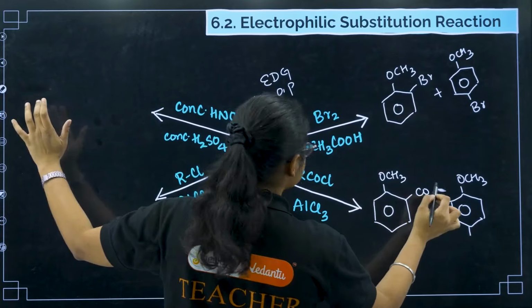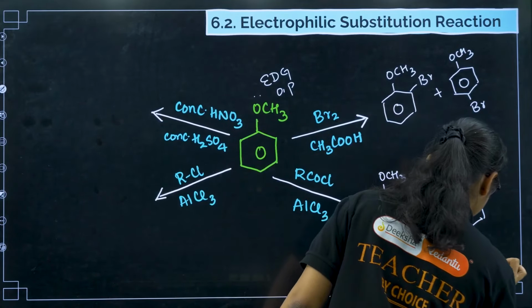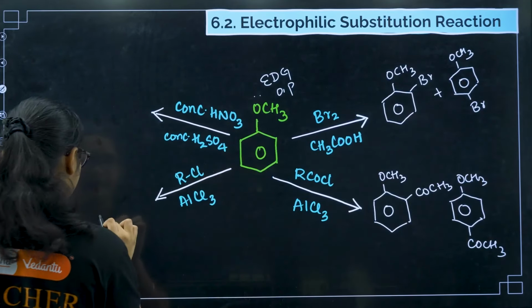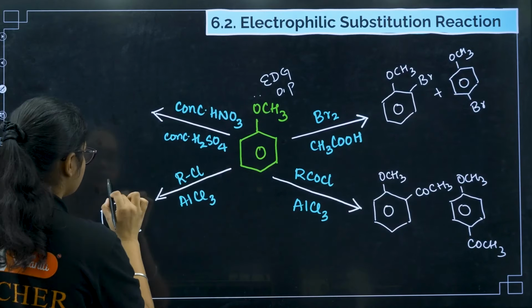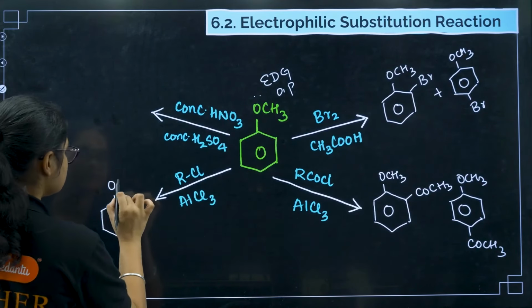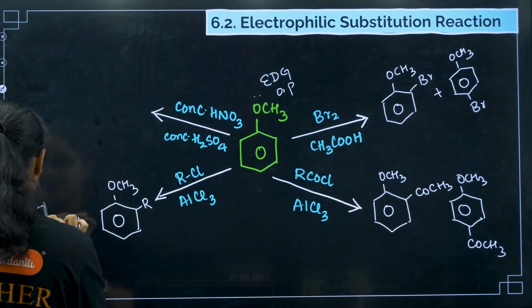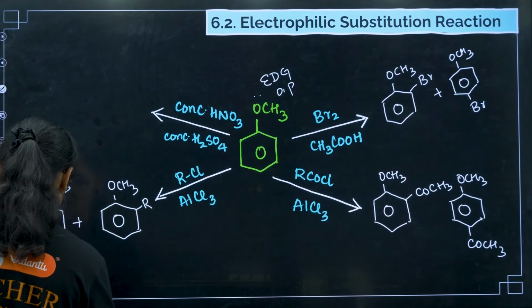You will get COCH3 here, and here also I have COCH3. Now coming to RCl with AlCl3, we will get OCH3 with R here, and here also OCH3 with R here.